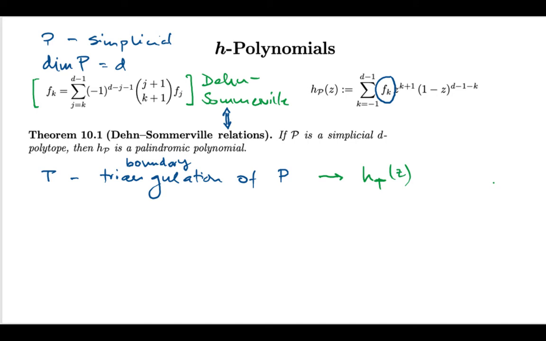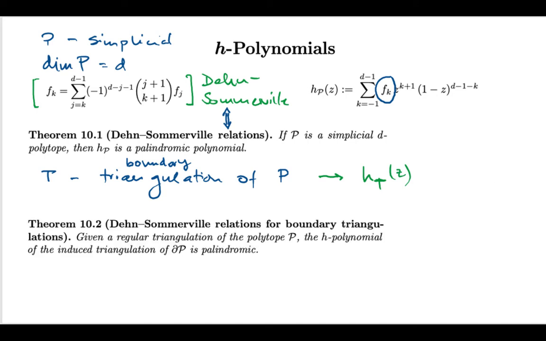The philosophy is even closer if my polytope up on top is simplicial, because now all of the non-trivial faces of my polytope are simplices. And so I hope this really makes sense, to just repeat the definition of the h-polynomial. Anyway, as you might expect, there's a Dehn-Somerville theorem now for boundary triangulations, and it's the same theorem.